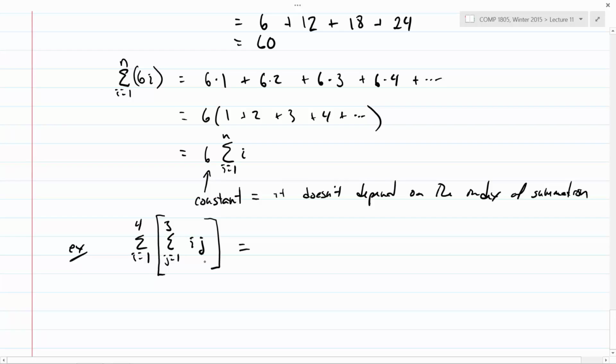Is there a constant there? Yep. In the inner summation, i is a constant, because the only thing that's not a constant in the inner summation is j. So in fact here I am allowed to factor out i. I can only factor it out of the first sum, so I have to put it there. And then the rest I have is the sum from j equals 1 to 3. What's left is just j.